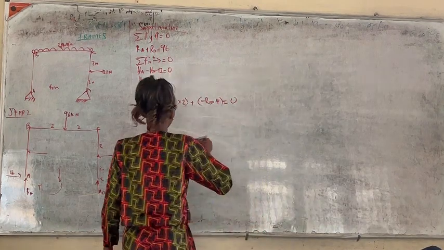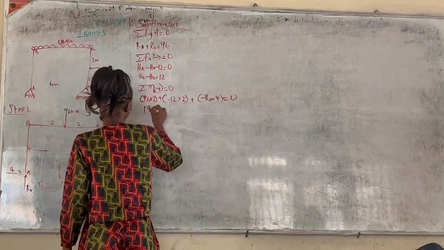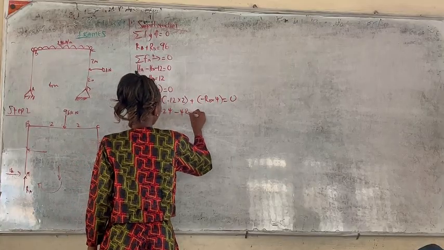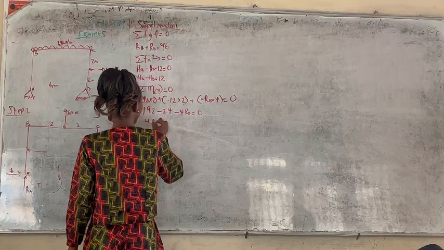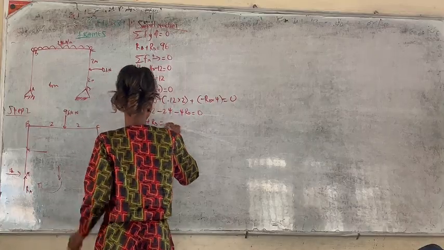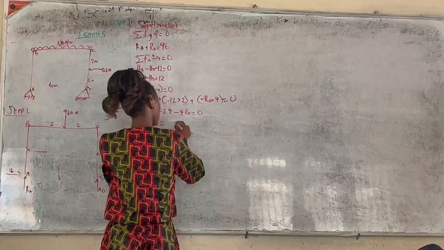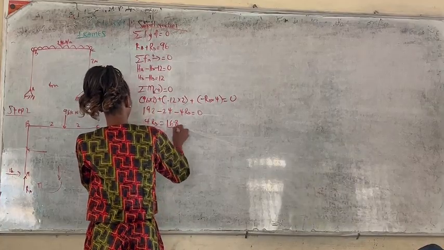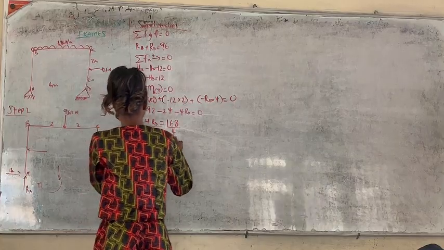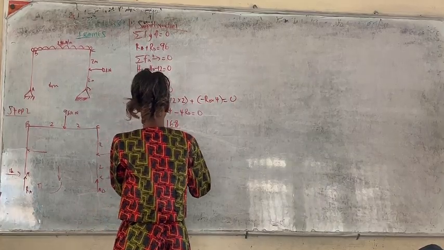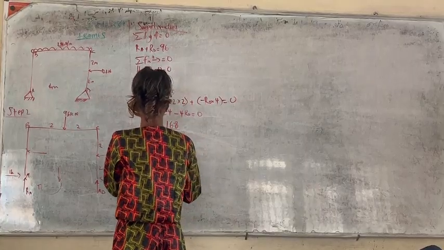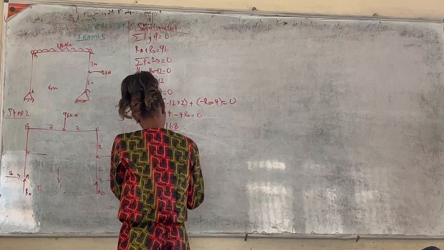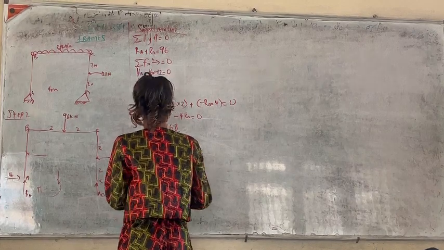So you have 96 times 2 gives us 192, minus 24, minus 4RD equals 0. So 4RD equals 192 minus 24, which is 168. Dividing both sides by 4, we have 42. So 42 kilonewtons. So our RA is going to give us 96 minus 42, which is 54 kilonewtons.